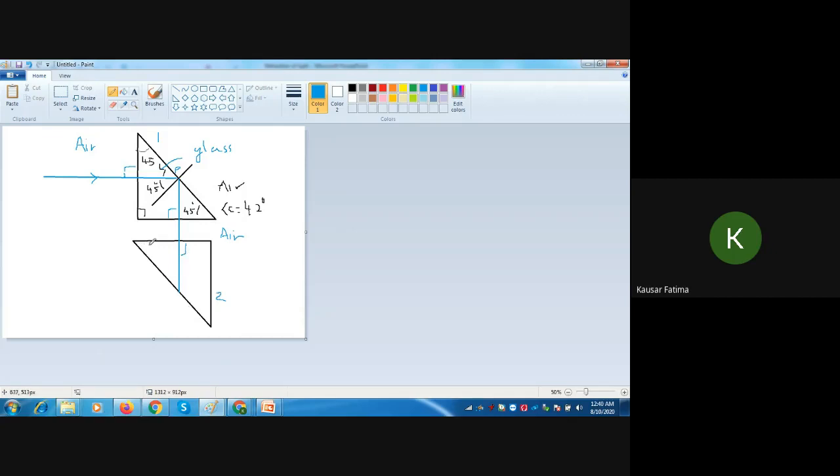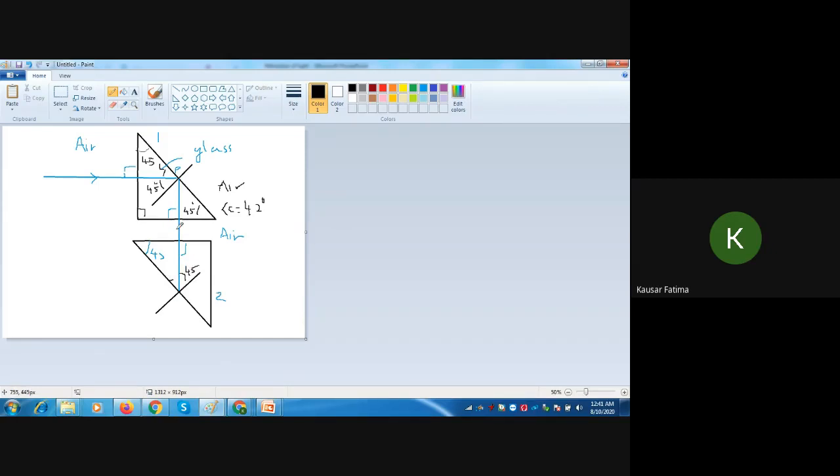Now this is again a 45, 45, 90-degree prism, and if you draw the normal at the point of incidence here, this angle again will be 45. This was 45, this is 90, this means this is also 45.